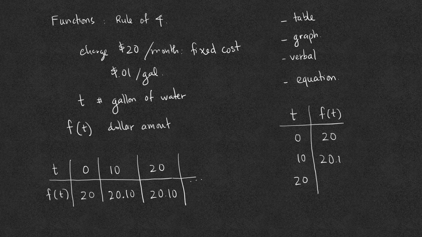Regardless, they mean the same thing, whether we set it up horizontally or vertically. And after we use 20 gallons, the cost would be $20.20, not $20.10. This is an example where we use the table to represent a function.